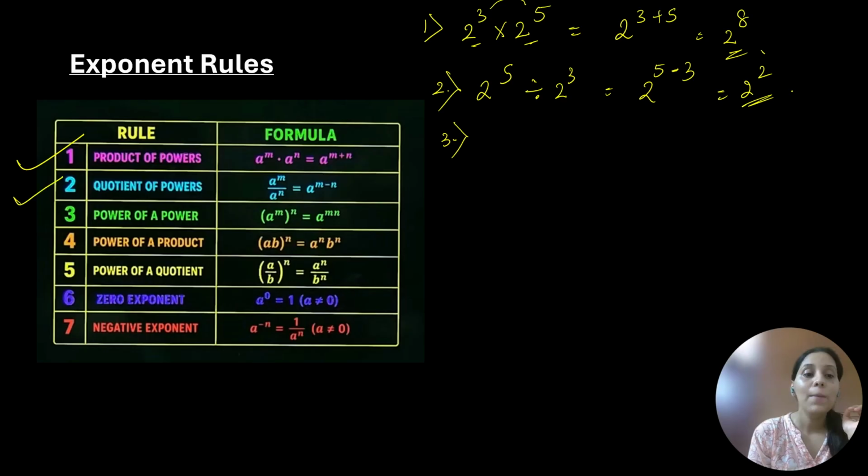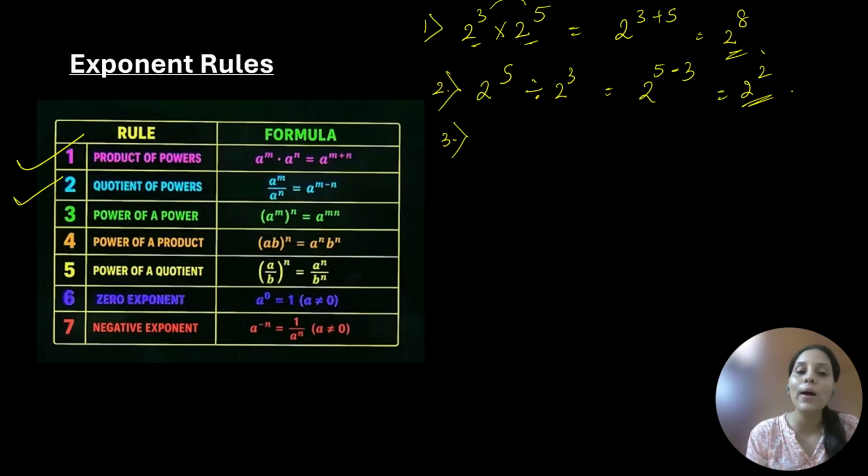Next up is power of powers. That means you have multiple powers on the top. When you have multiple powers, it's very easy. So here, as I can see, a power m whole power n. This is how we call it. Between m and n, you can clearly see that there is a bracket. And what does a bracket mean? Bracket means multiplication.